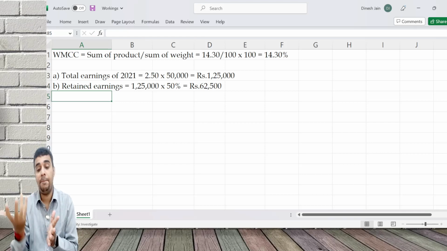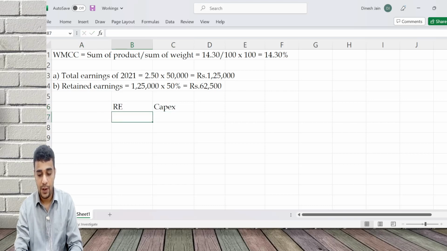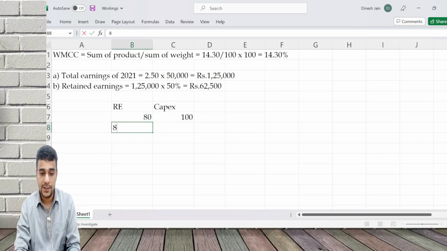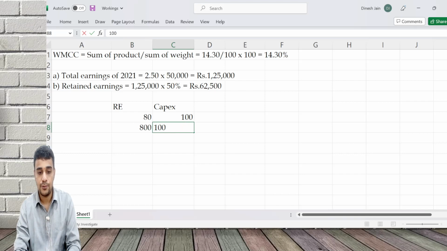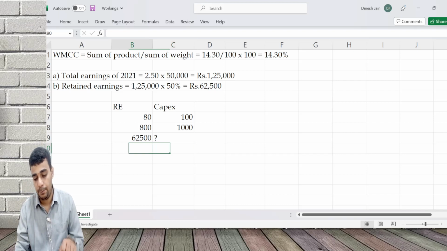How much capex can be done? If you have retained earnings of 80 rupees, capex is 100, because of 100 rupees of capex, 80 rupees is the equity portion. If you have 800, this is 1000. I have 62,500. How much can the capital investment be? 80% is the equity portion.